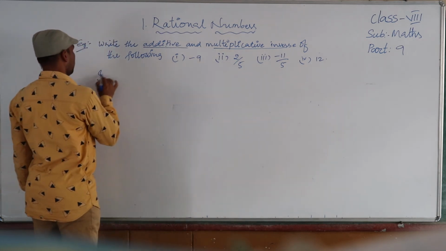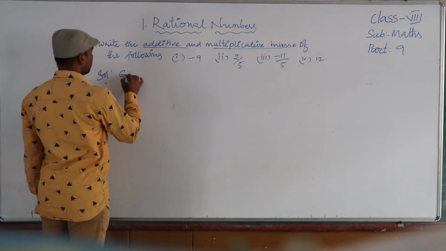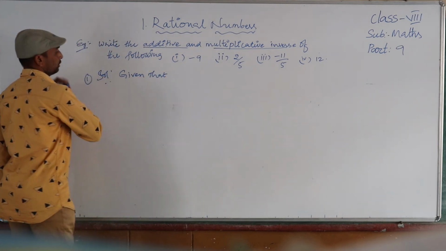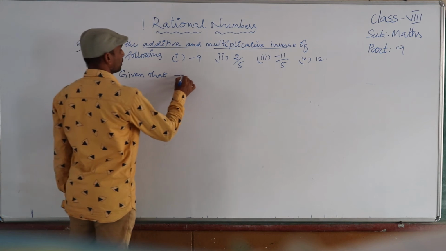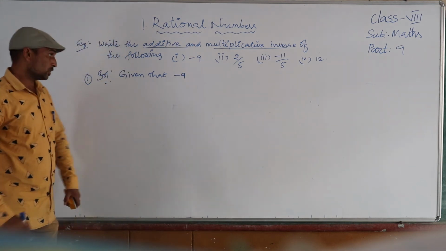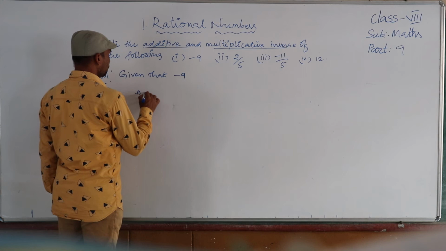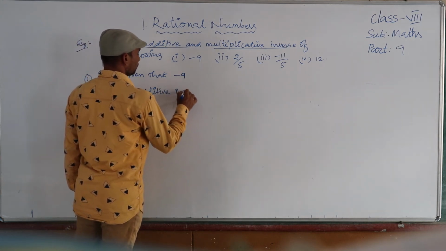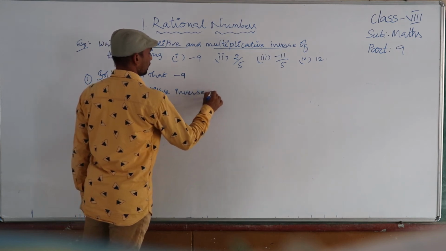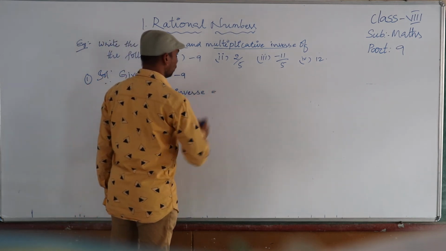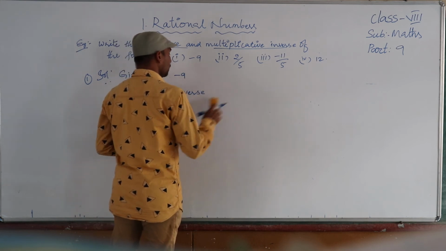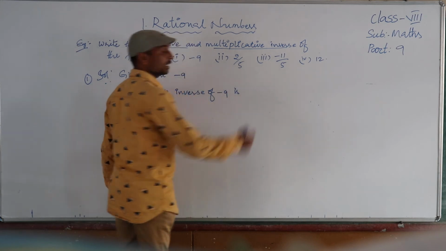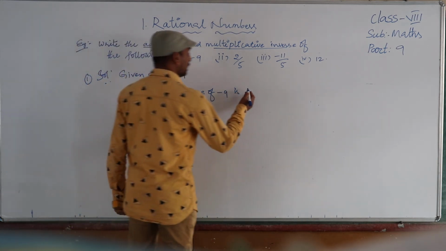Very easy. First one I am explaining. Given minus 9. First, the additive inverse of minus 9 is, how much will we write?